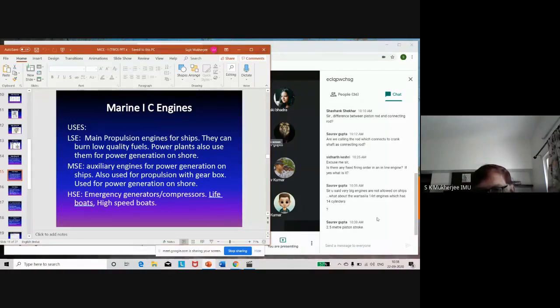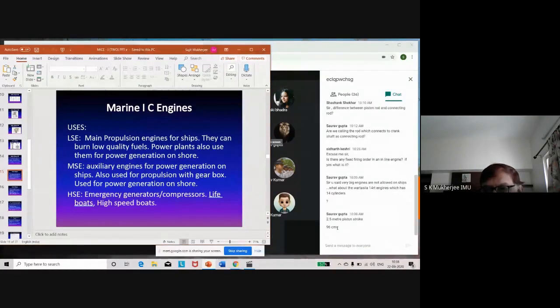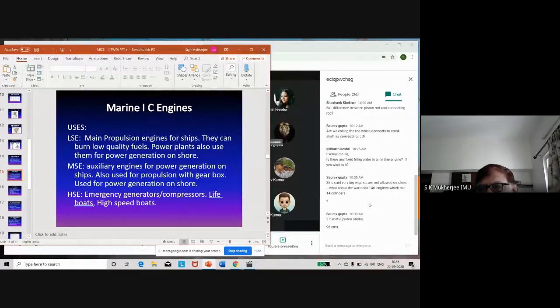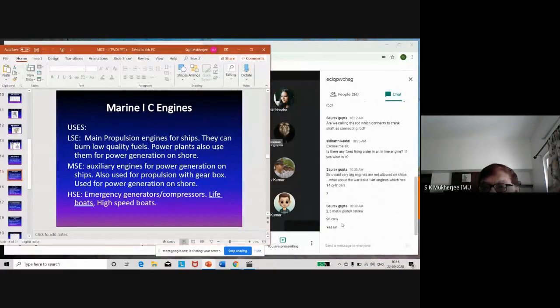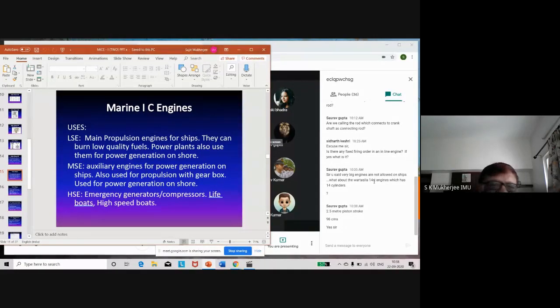You check out the stroke and bore, 96 millimeter. These are more than 1 meter, the ones that are out on the shore. It must be more than 1 meter diameter of the bore of these engines which are on shore. I've never seen 14-cylinder engines on my ship.